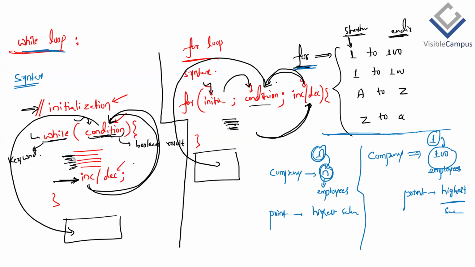I didn't understand. You'll write one more while loop here. One more while loop, yes. You can write it. Because it is outside, it is accessible here also.